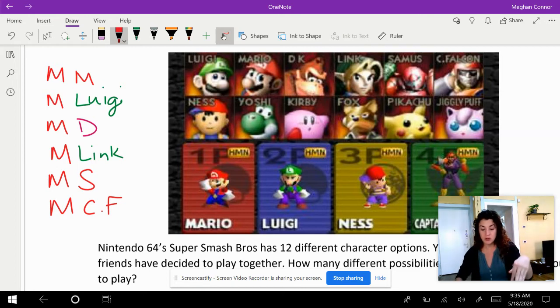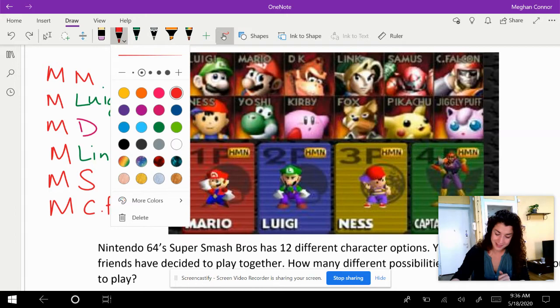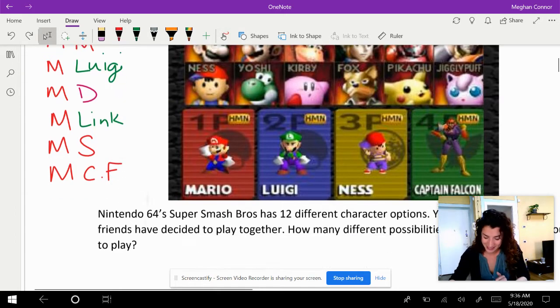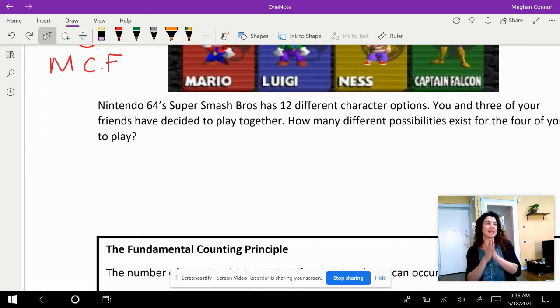Now I could go through and do it as, okay, then I could do Luigi and Luigi, or Luigi and Donkey Kong, or Luigi and Link. And then I go through all of those and figure out which ones are going to work here. So the pattern that works, I'm not doing a very good job of explaining this, but the pattern that works here is that you end up multiplying all of the numbers together.